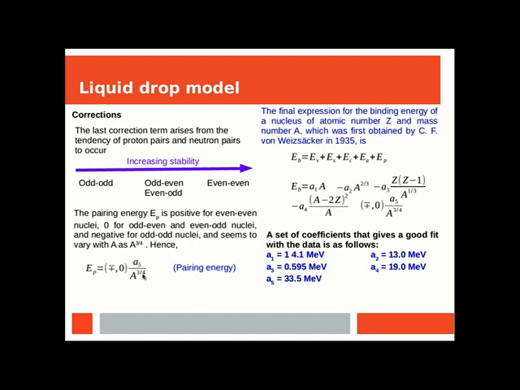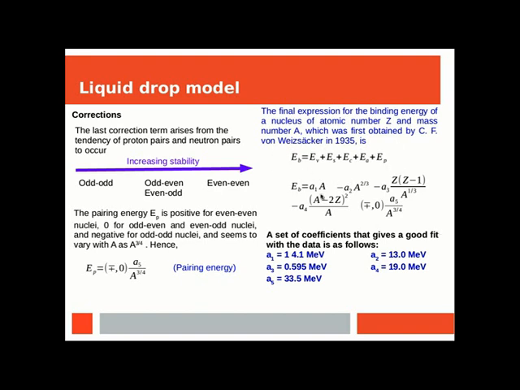Now the binding energy shall be written by including all five types of energies like this. This is the formula which was given by C.F. Weizsacker in 1935, and in this way, by considering all five effects, the volume effect, the surface effect, the Coulomb effect, the effect of asymmetry, and the effect of pairing, we see that the binding energy can be written like this.